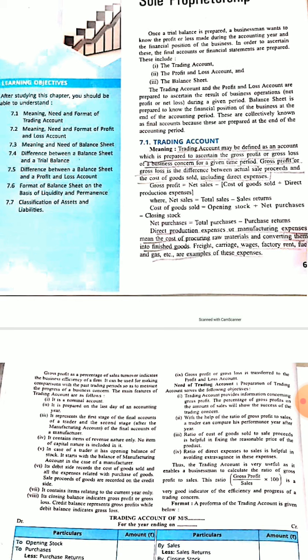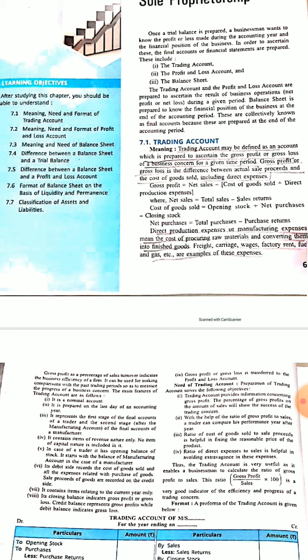Now you can understand what the cost of goods sold is. Cost of goods sold means when raw material is purchased, there are some other expenditures made on it to make it sellable, like wages, meaning employing labor and preparation of the material through different processes.